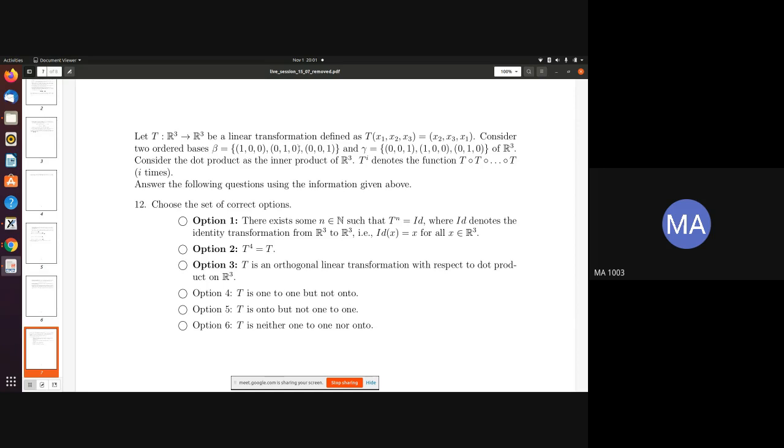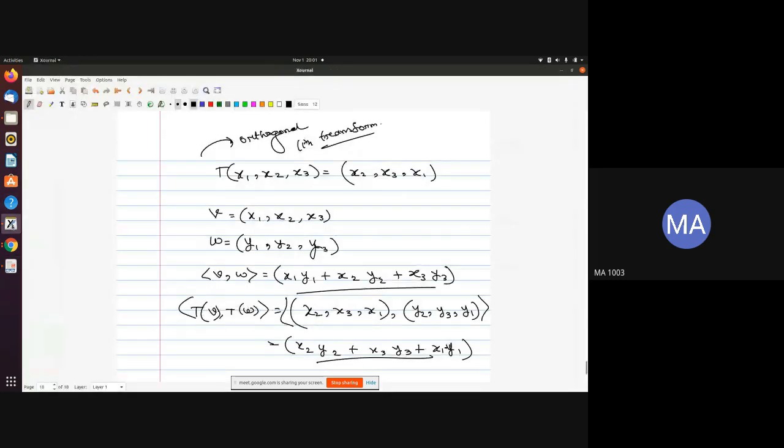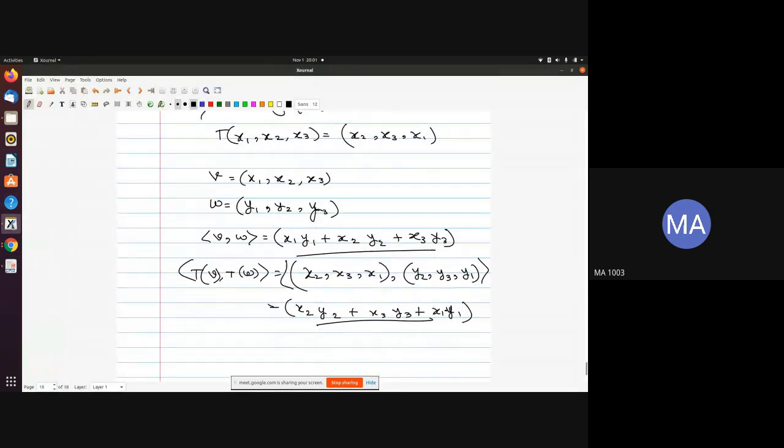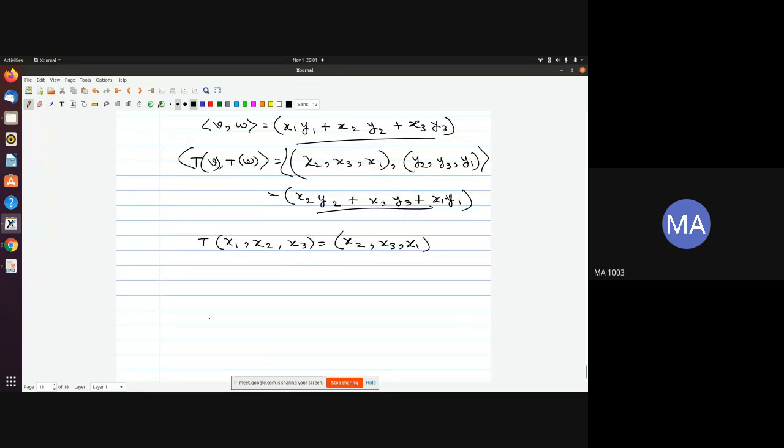So what T does is T of x1, x2, x3 is x2, x3, x1. This is what I have. If I apply T once more with this T, this is T square.